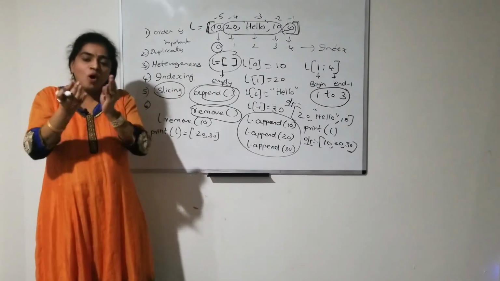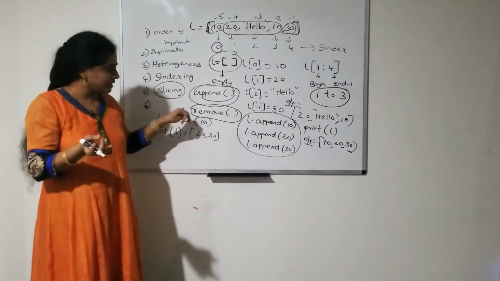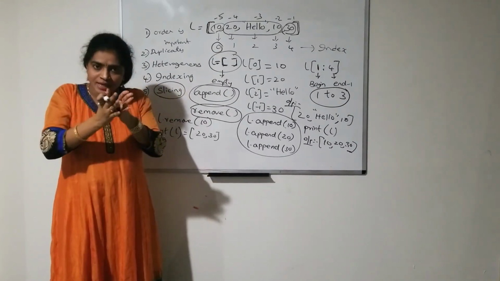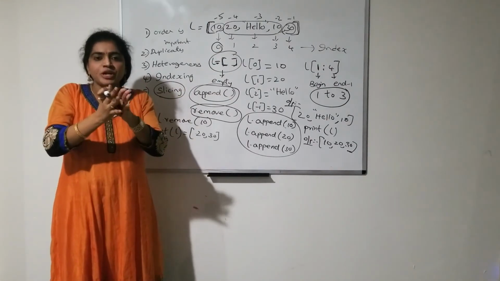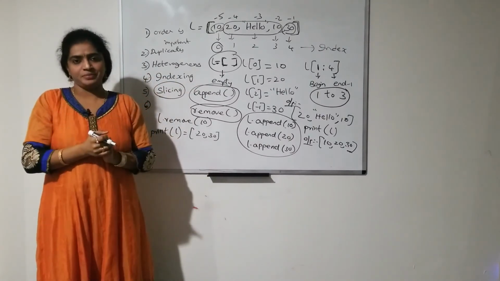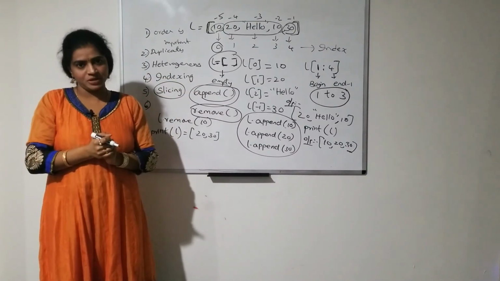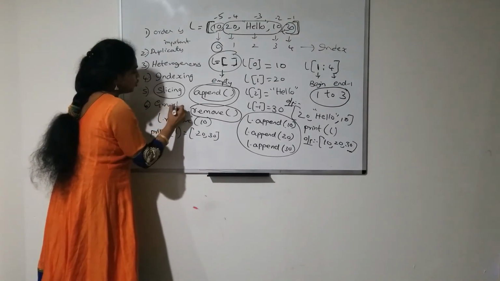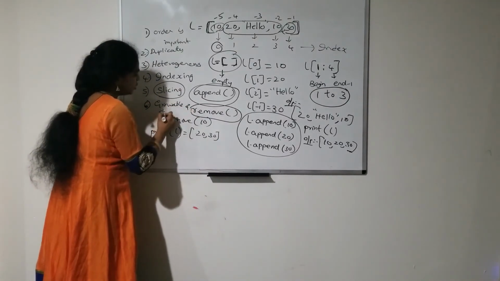If you remove all the elements from the list, the list will be shrinkable. You can shrink the list objects as well as you can grow the list objects by inserting elements into the list. Okay, so that is another property, that is list is growable and it is also shrinkable.